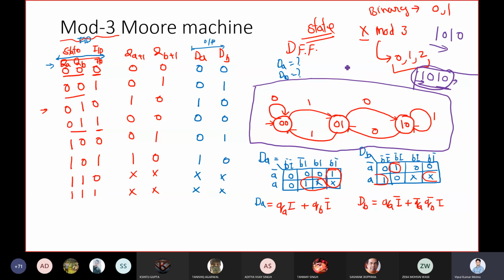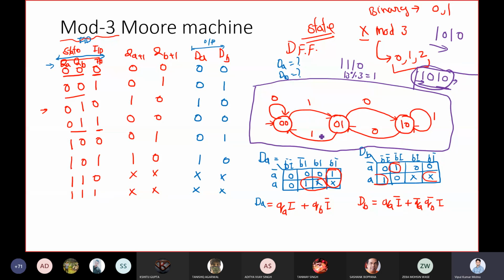Now let's test another input. Suppose I have 1, 1, 1, 0. Where will it reach? So this will be 13 mod 3, so that should be 1.